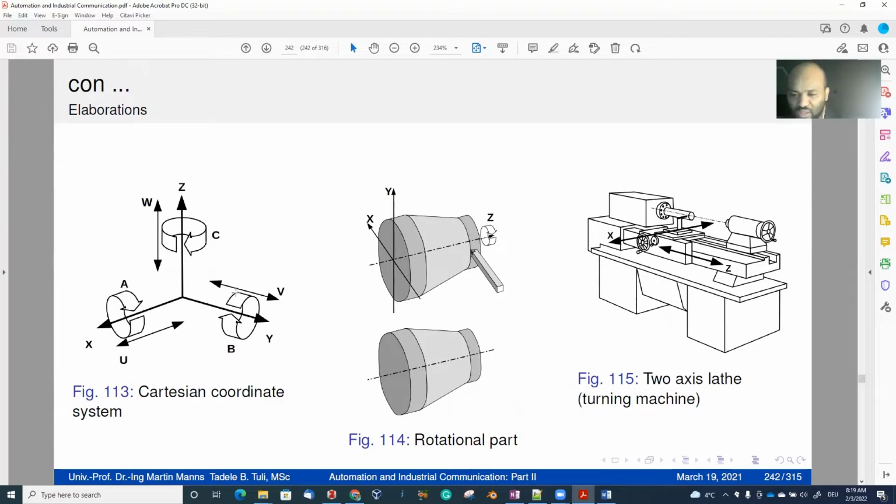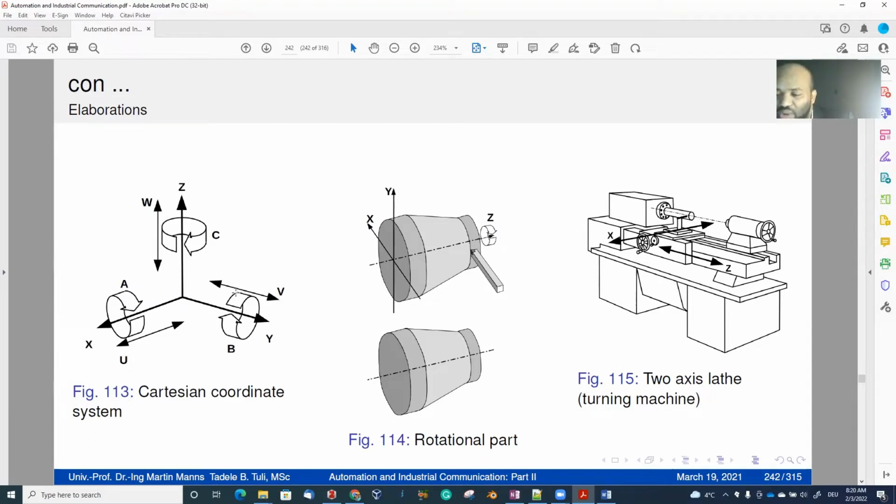Maybe we start from the z-axis. As we had been talking about in the robotics lesson, the z-axis is always along the axis of rotation. This is again true for numerical control machines. So what is the rotating axis?